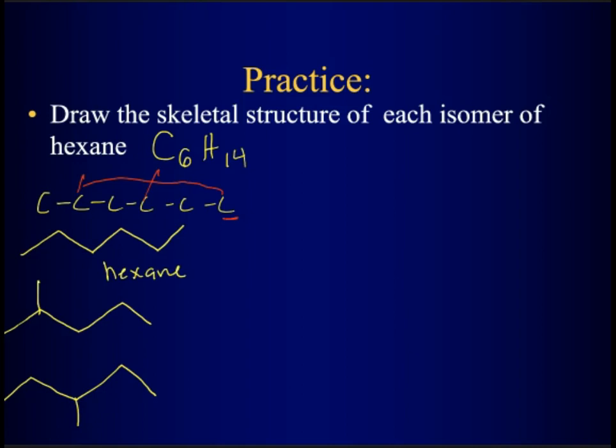The second one now has 5 carbons in it with 1 methyl on the second carbon. So this is 2-methylpentane. And the last one has the methyl on the third carbon, so 3-methylpentane.